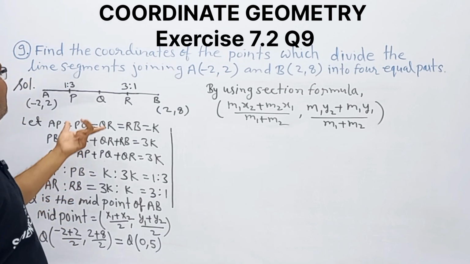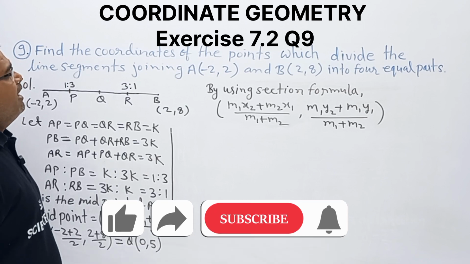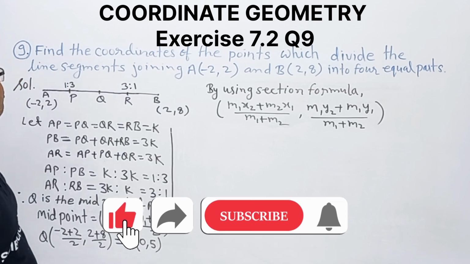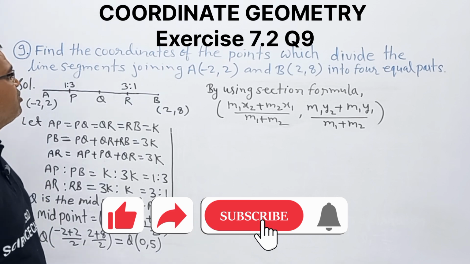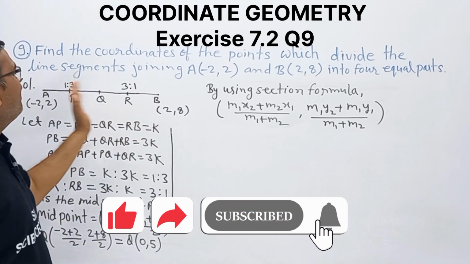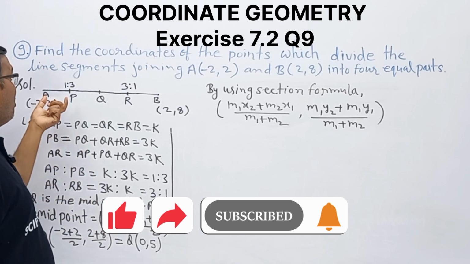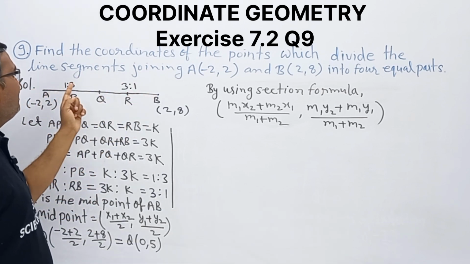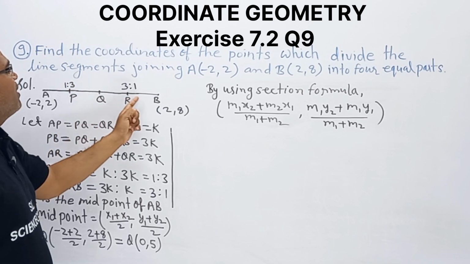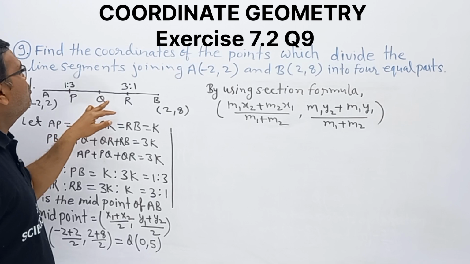We have one line segment AB, and we want the coordinates of the points which divide this line segment into 4 equal parts. Dividing it into 4 equal parts gives us 3 points P, Q, R.